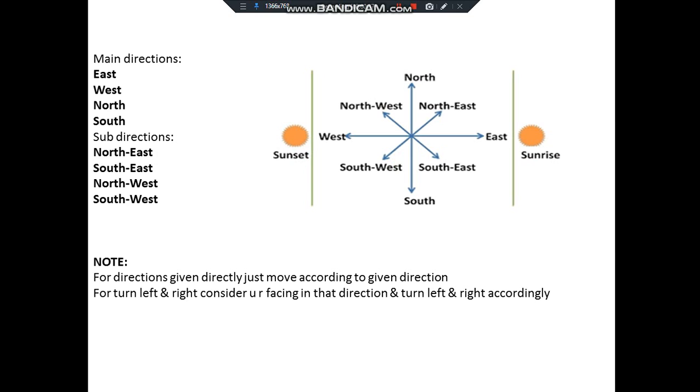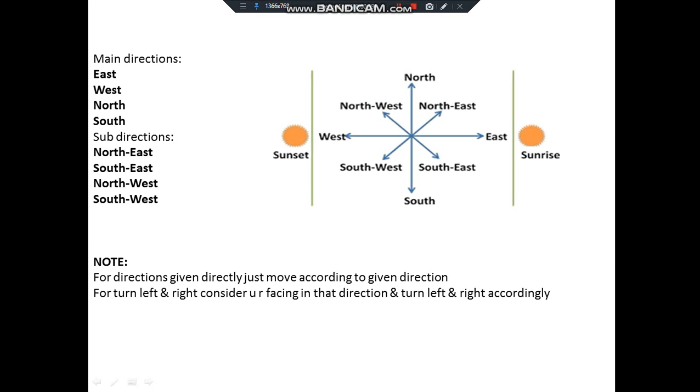So, before going into the problems, I want you to consider two main important points. Whenever the question gives you the direction based on east, west, north, south, you just move on with the direction. Like east, move towards east, move towards west, move towards north and move towards south.